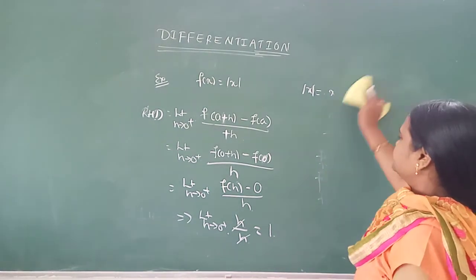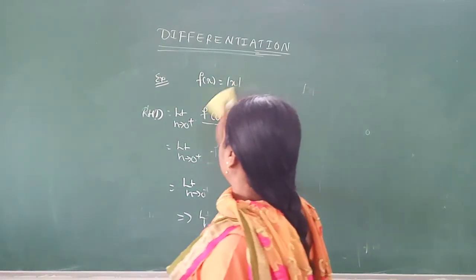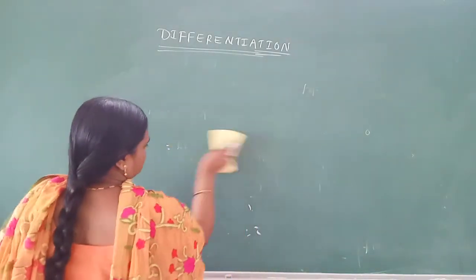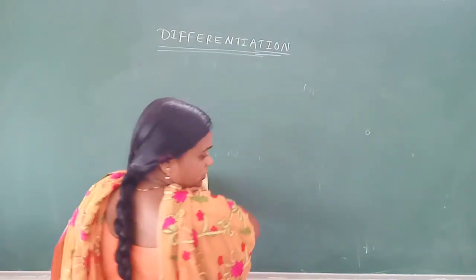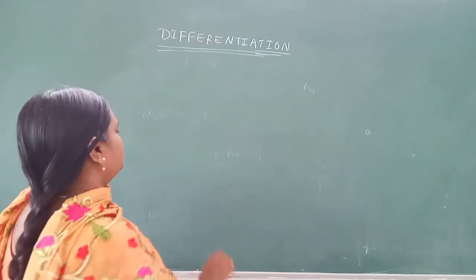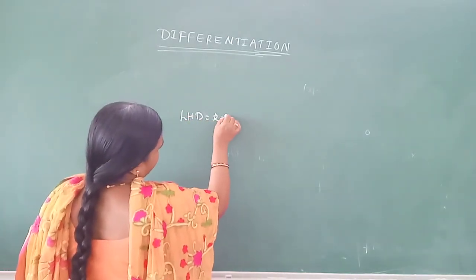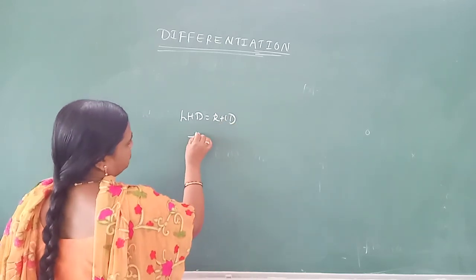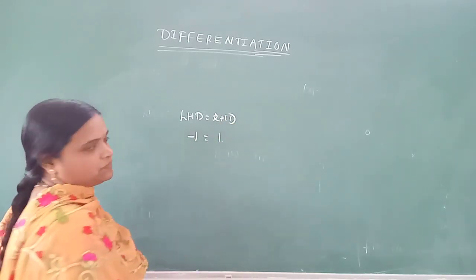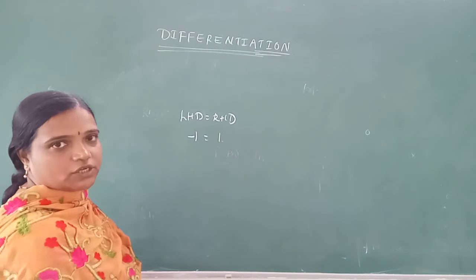Next, see, LHD, RHD. What is the value of LHD? Minus 1. RHD is plus 1. These both are not equal.